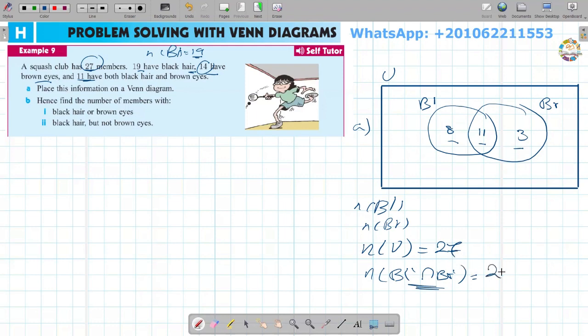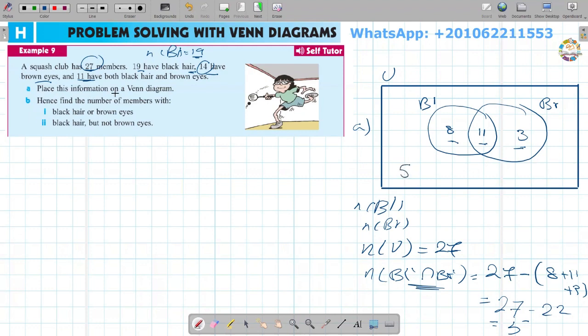Then 27 minus (8 plus 11 plus 3). 11 plus 8 plus 3 should be 22. Then 27 minus 22 should be 5. So here we have 5 members.